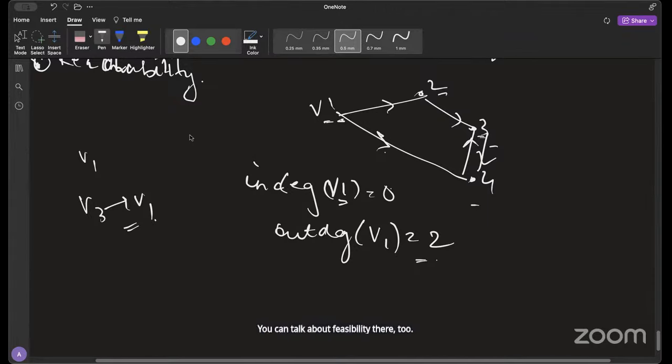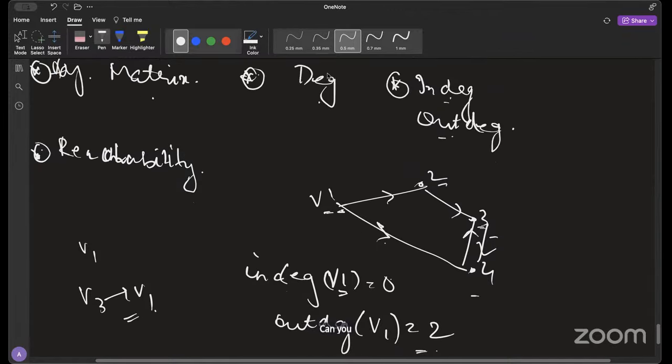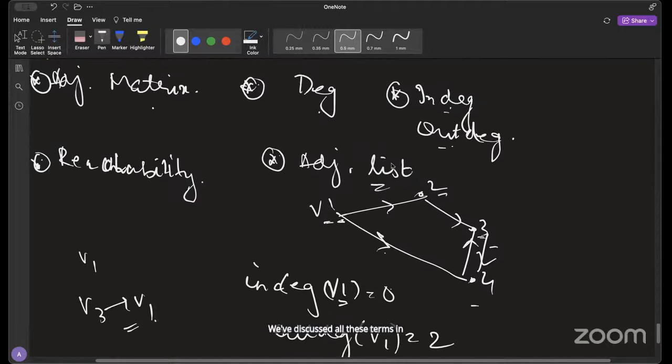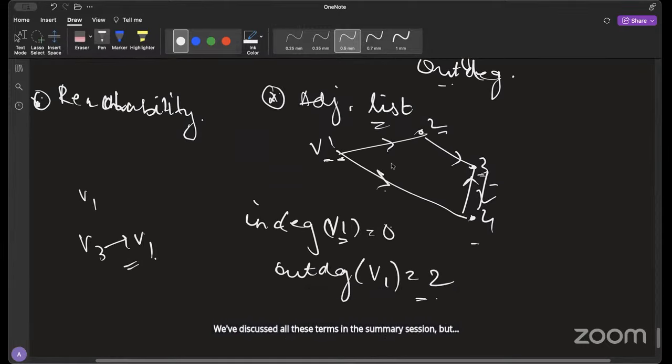Okay. Can you then explain the degree? Just 1 second. And then we have another thing called adjacency list. We've discussed all these terms in the summary session, but degree is basically this: when you talk about directed graphs, you talk about in degree and out degree separately.